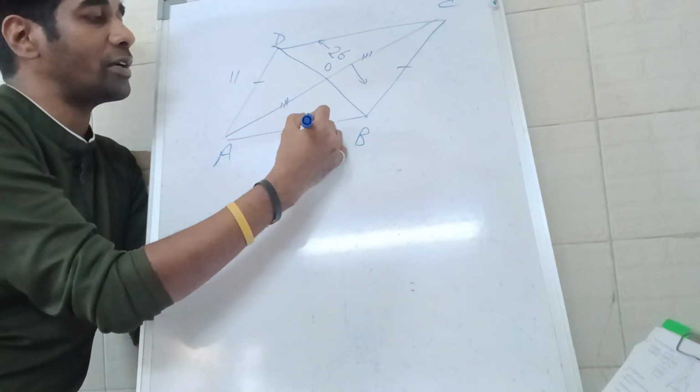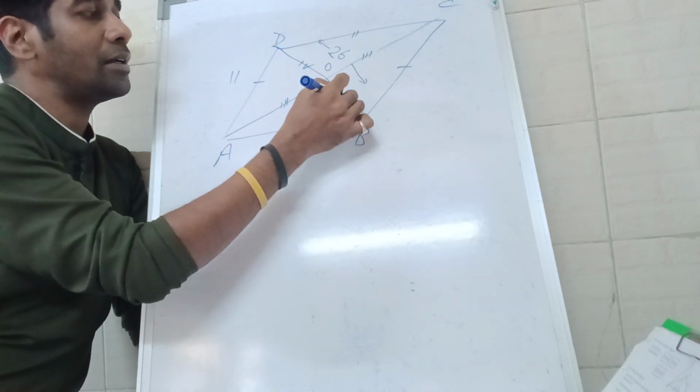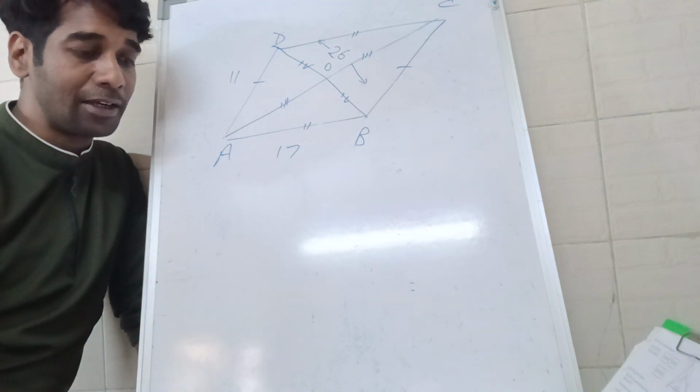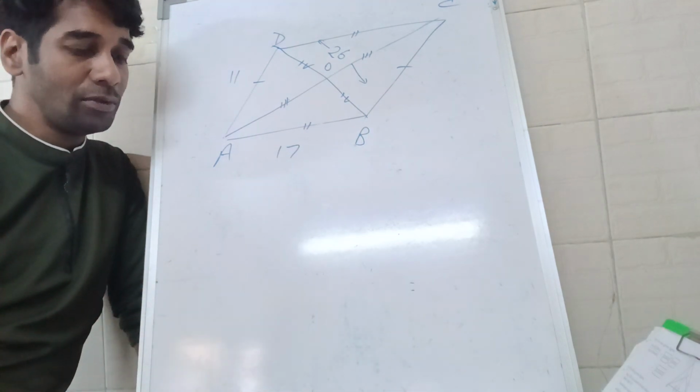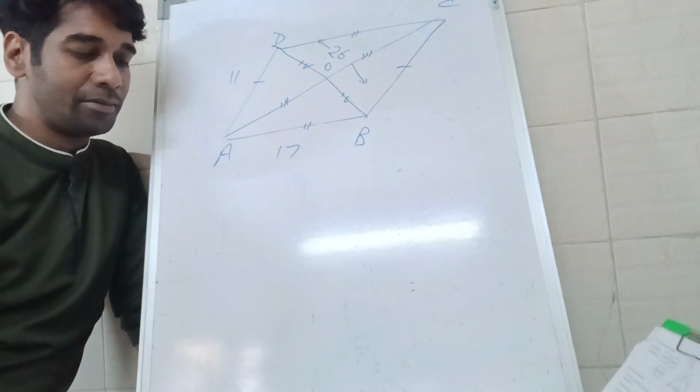These both sides are congruent. These both sides are congruent. Diagonals bisect each other. I have to find the other diagonal. Now, first of all, this quadrilateral is a parallelogram.